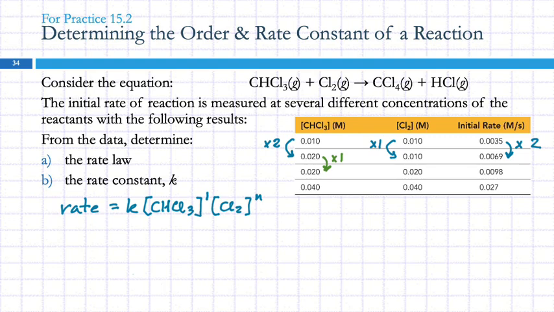So then let's look at, well, what happened to that? That was doubling. And what's happening to this? Well, again, 0.0098, and that one's not nice whole numbers. So let's just do 0.0098 on the calculator, divided by 0.0069. And this is equal to 1.42.